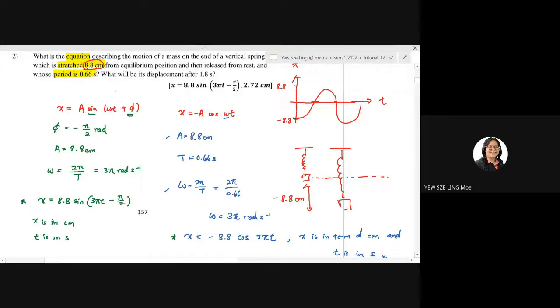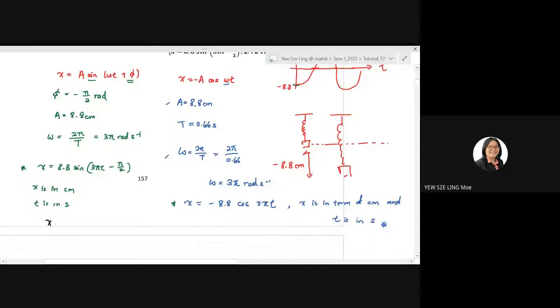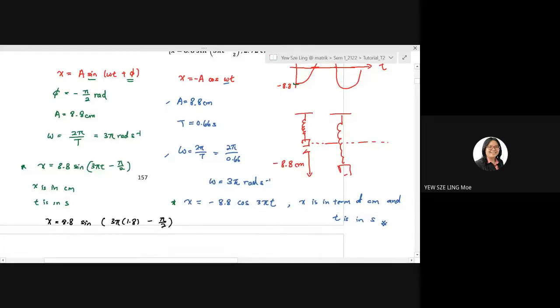Now it asks you what is the displacement after 1.8 second. Now that you have the equation, you can straight away substitute 1.8 into the equation. So let's see, which equation am I going to use? I'm going to use the one in terms of sine. So x equals 8.8 sine (3 pi times 1.8 second minus pi over 2 radian).